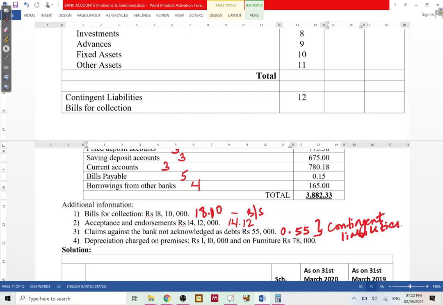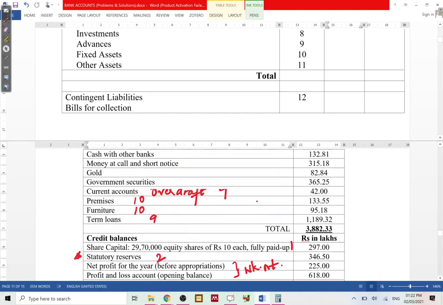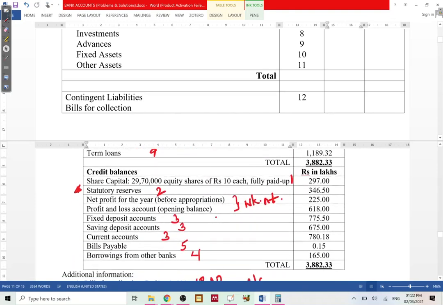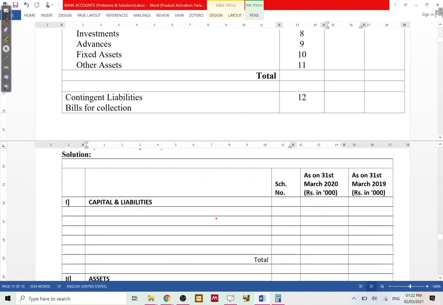These are again related to bills of exchange, promissory notes that the bank has accepted, but it doesn't know whether the money is going to come back or not, whether the person is going to pay the money or not on those bills of exchange. So that is how we are going to deal with this problem. All of these amounts accordingly will go under these schedules the way we have marked them. Okay, and then this is the balance sheet pro forma where we are going to add or post all of these amounts accordingly.